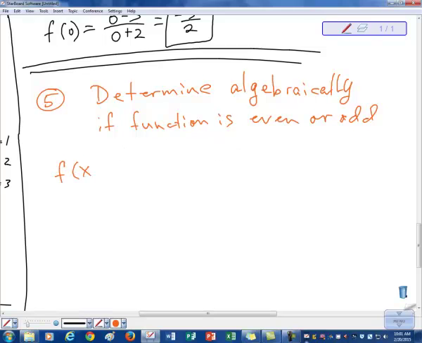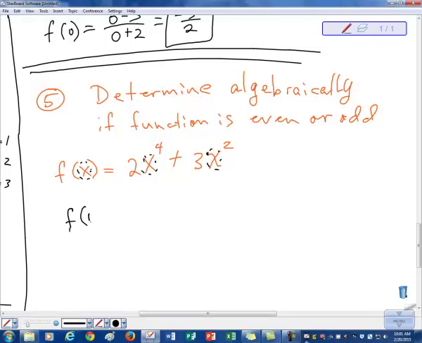We're given f of x is equal to, let's say, instead of 2x squared plus 3, let's say 2x to the 4th plus 3x squared. And so what we would have to do here is we would have to substitute in negative x. So it's like we're cutting out the x, put parentheses.